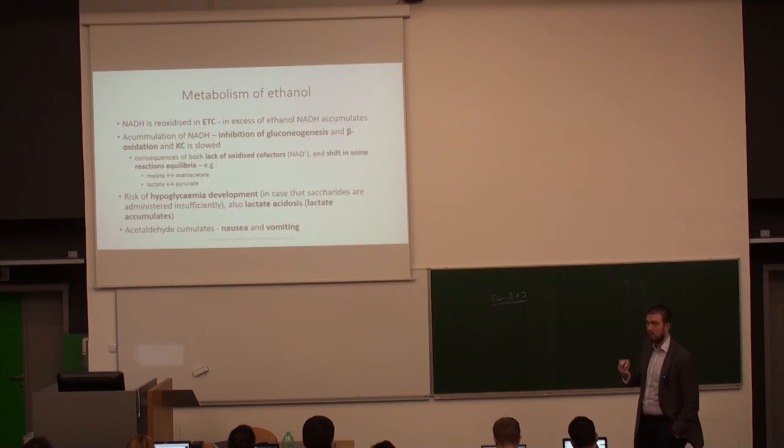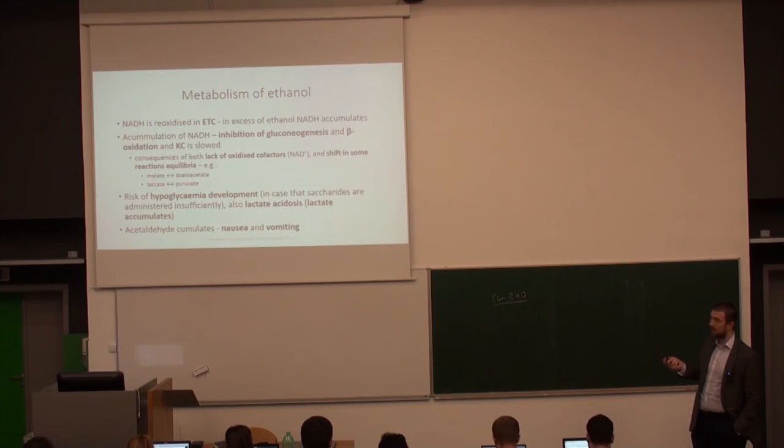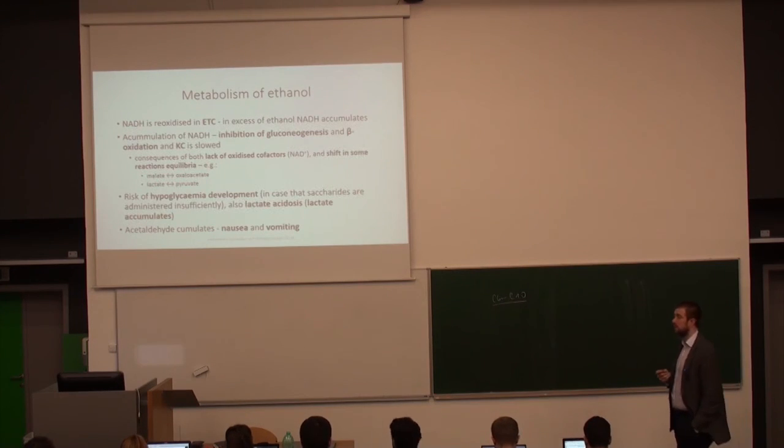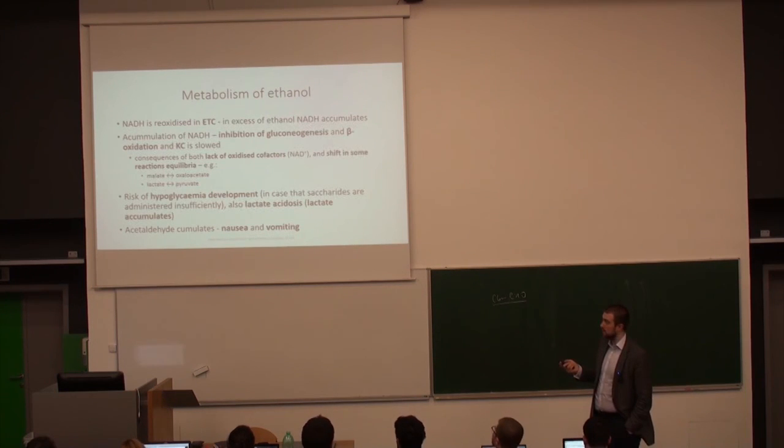Second thing that happens in your metabolism is that you shift the balances of some reactions. Typically you shift the balance of pyruvate to lactate, since in lactate you can store the NADH, that means the electrons. And the same you will do with oxalacetate to malate.